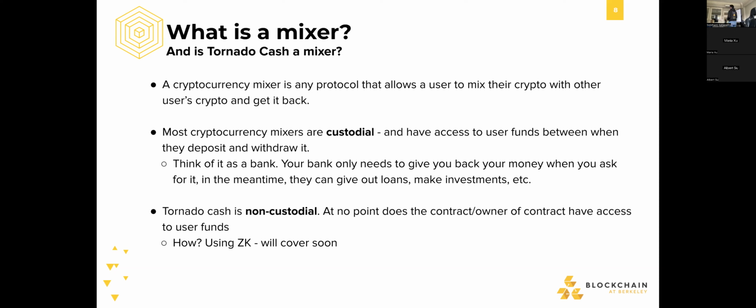So who would use Blender? Blender is the pre-Tornado protocol. If you don't really care that the bank can use your $1,000, you use Blender; Tornado just enforces stronger privacy protection. Has it ever been abused? Sorry? Has it ever been abused like Blender? To my knowledge, not really, because the person creating this never chose to invest all these funds.